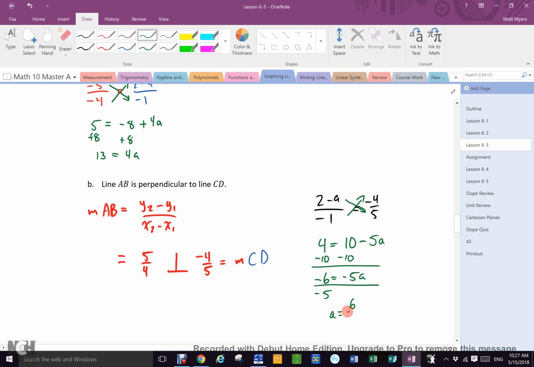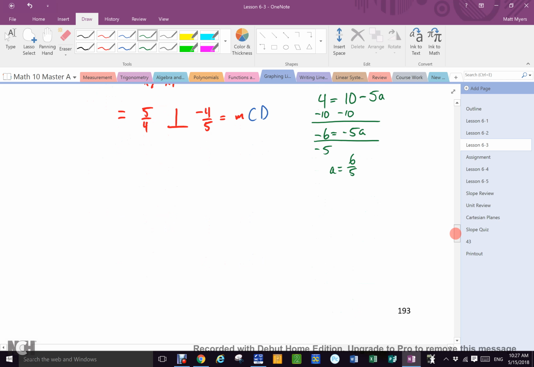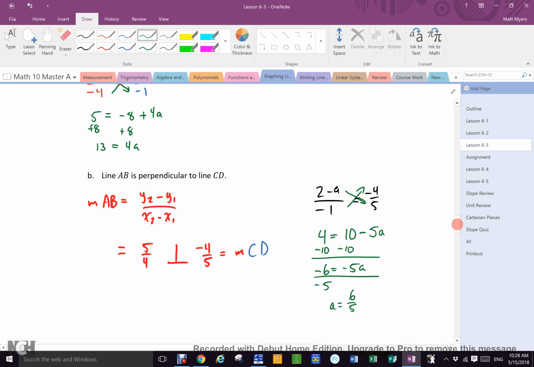6 over 5. Does that bother you? It does because it's a fraction. You all hate fractions. Should it bother you? No, because it's just a value. It's 1.2. Could you find 1.2 on a graph? You would go to 1 and then a little bit past it. Does everybody understand?